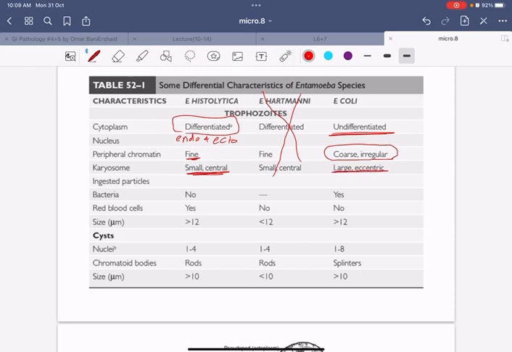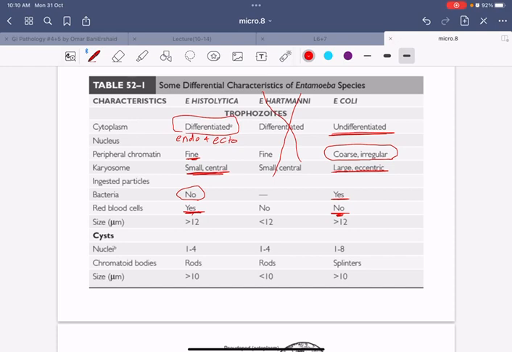Ingested particles: bacteria in coli, not present in histolytica. RBC present in histolytica, not in coli. This is another difference. Now the size may be comparable, although from my experience, histolytica is smaller than coli.